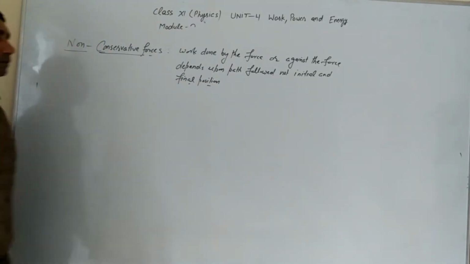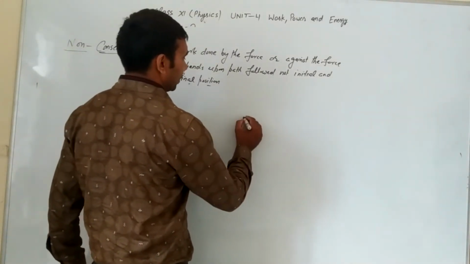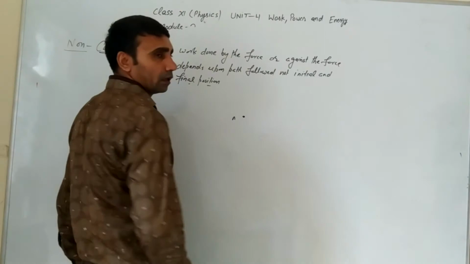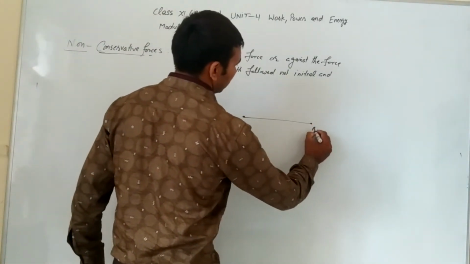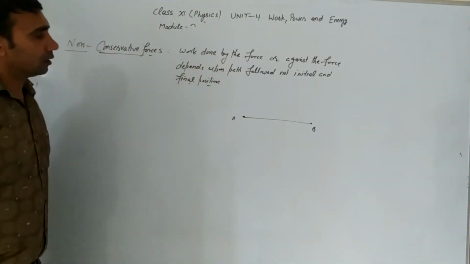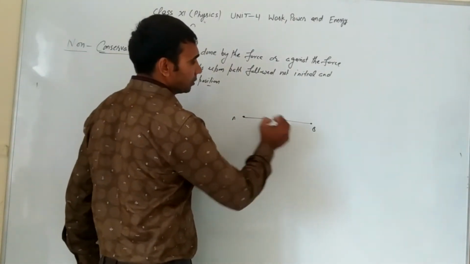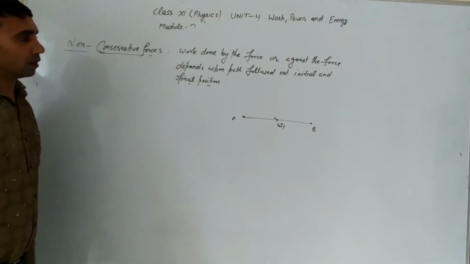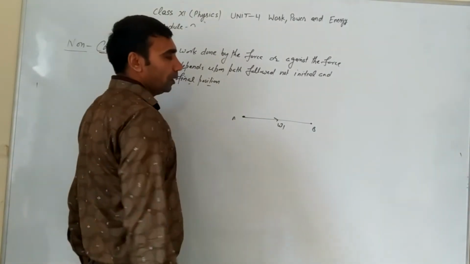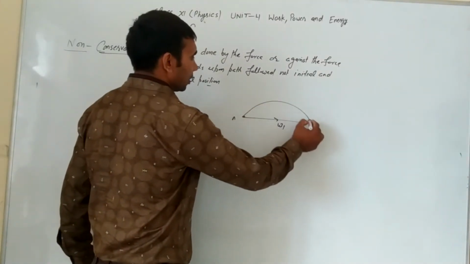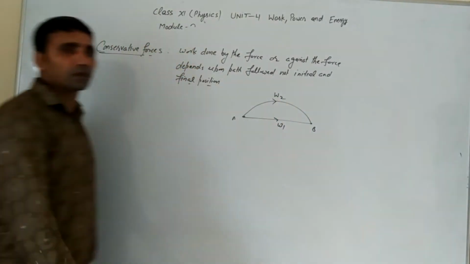Let us take an example. When a body is at point A and moves from A to B, the work done to move the body from A to B is W1. When the body moves from point A to B along another path, the work done is W2.